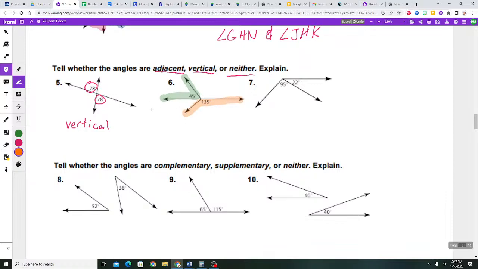They're not adjacent, they don't share a ray, and moreover, 45 does not equal 135. And since 45 does not equal 135, these are not vertical. So this is a neither. And then last but not least, we have these two angles over here. If we look, these angles share just that ray. And since they share a ray, they are adjacent.